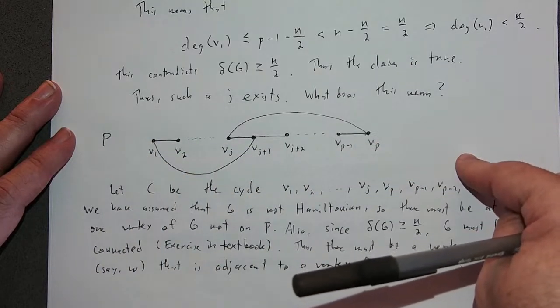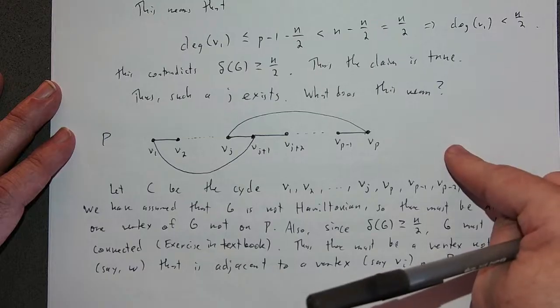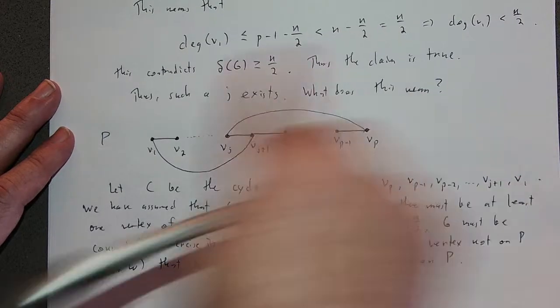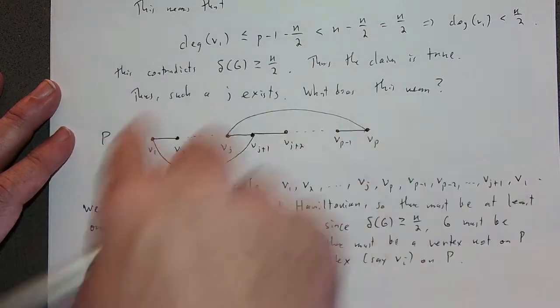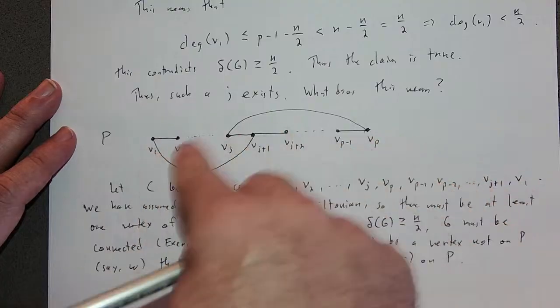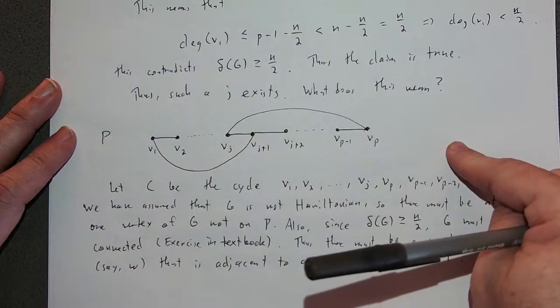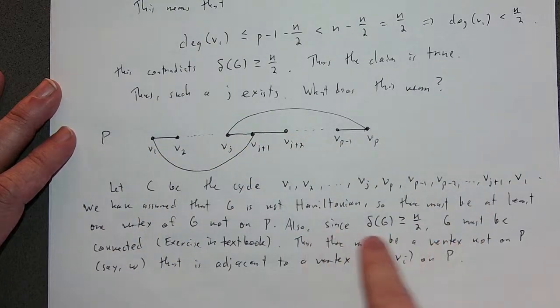Then the claim is that there has to be some vertex, not indicated here, that is adjacent to some vertex on this path. And the reason for that is the connectivity.